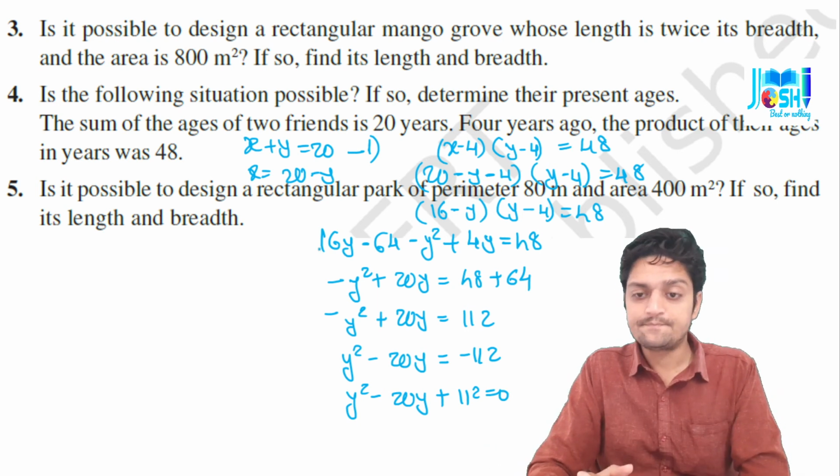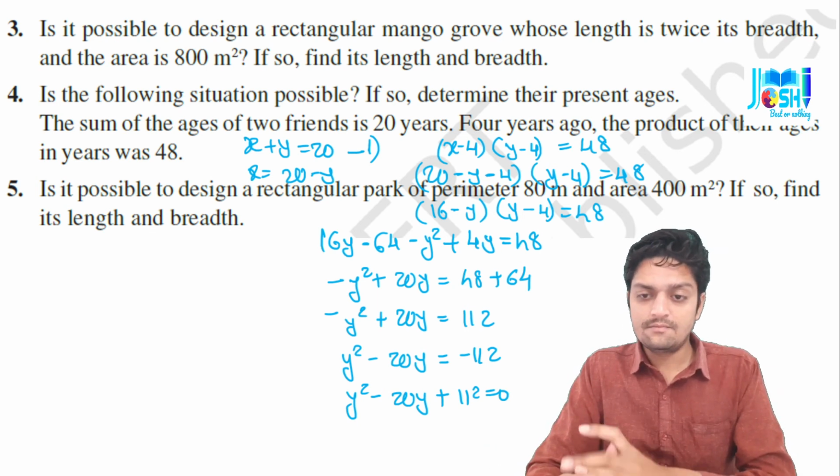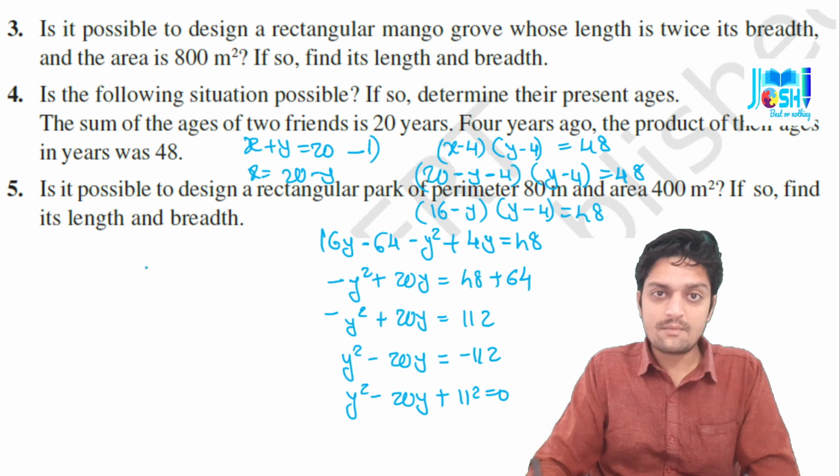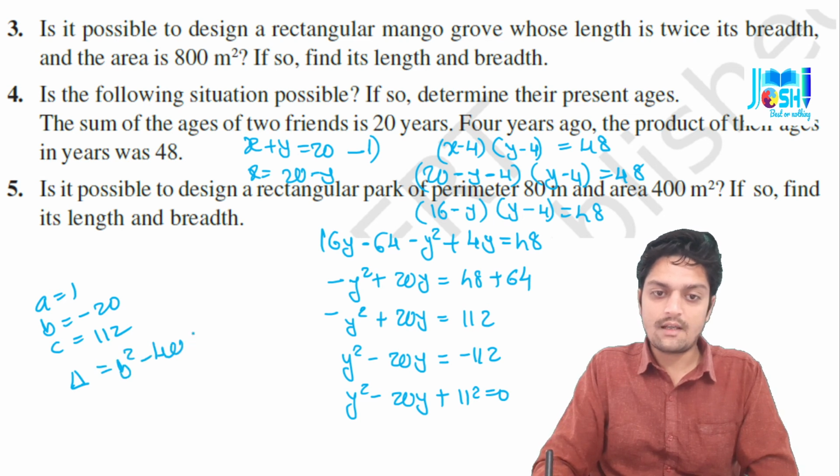Now if you solve this equation, find its discriminant, delta. Here a is equal to 1, b is equal to minus 20, c is equal to 112. Delta is equal to b square minus 4ac.